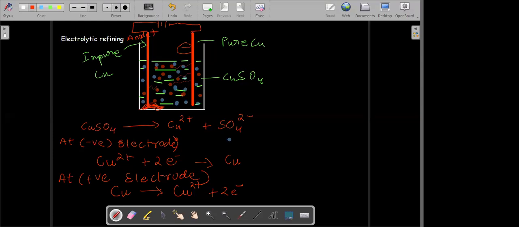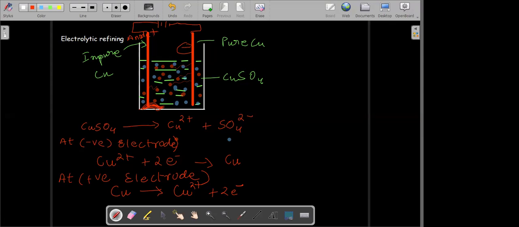Slowly the copper from the anode comes into the solution. This causes the anode to become thinner in size, and the impurities get deposited at the bottom as anode mud.